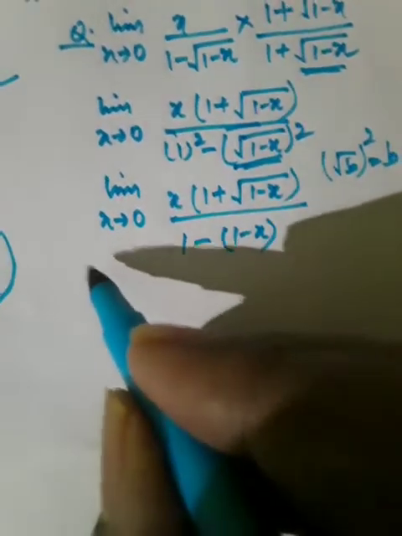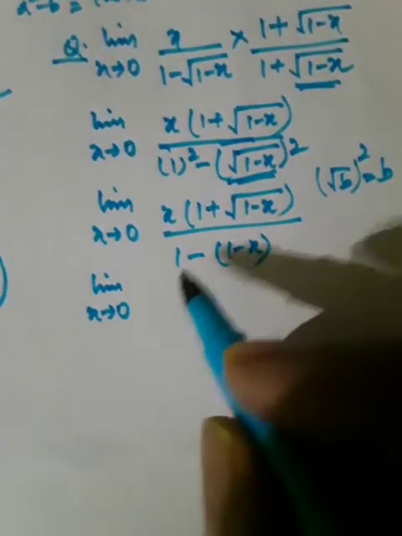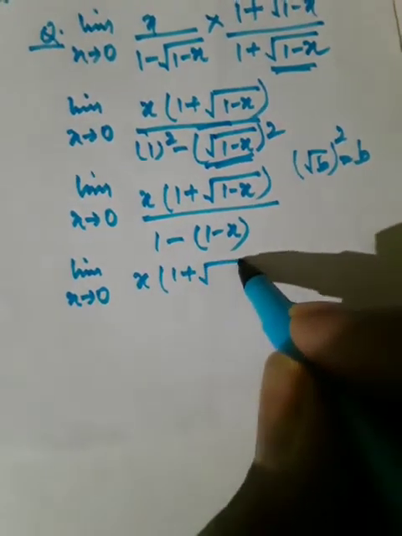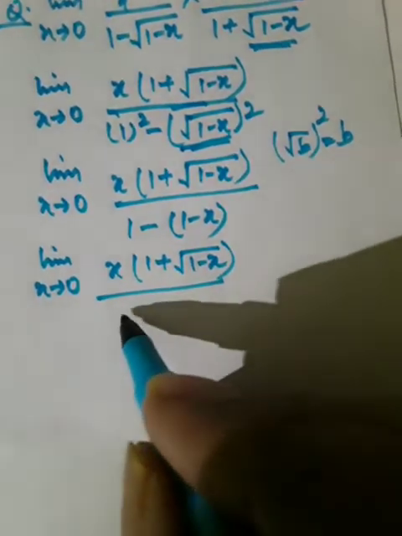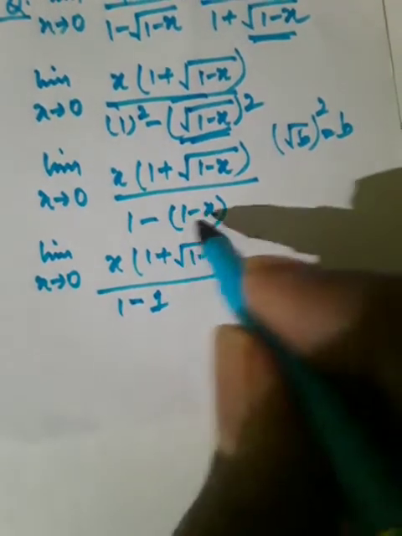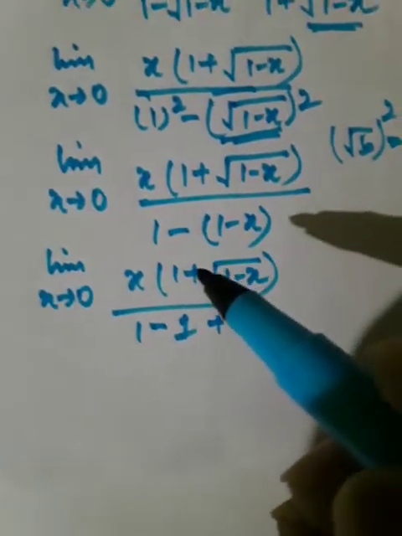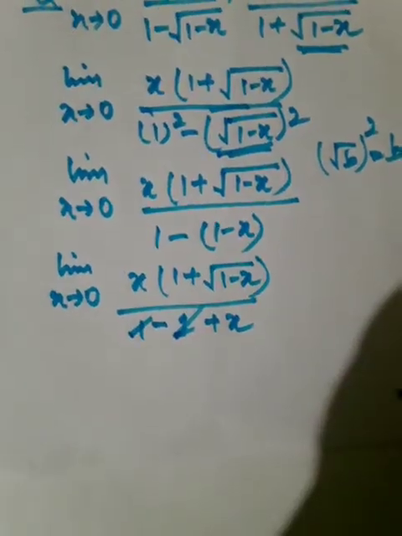So it becomes limit x tends to 0. In the numerator, x into (1 plus under root 1 minus x) remains. In the denominator, 1 minus 1 plus x, so we can cancel this one and this one.